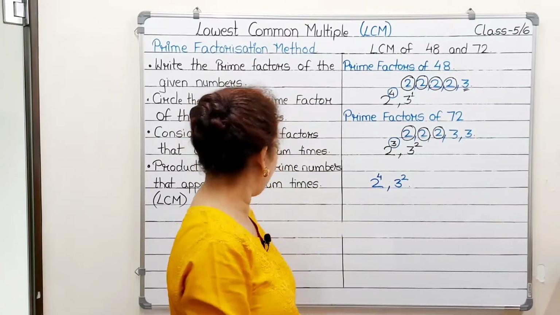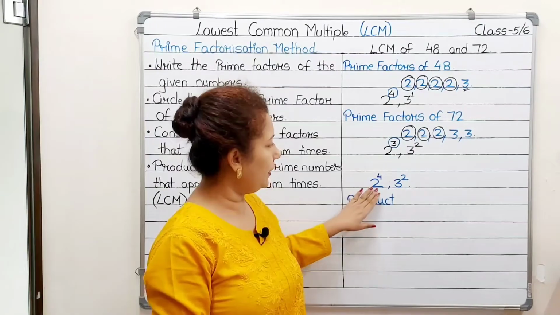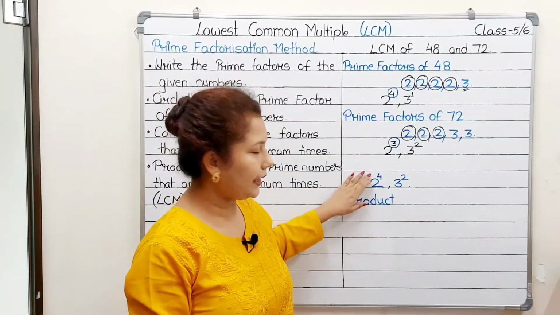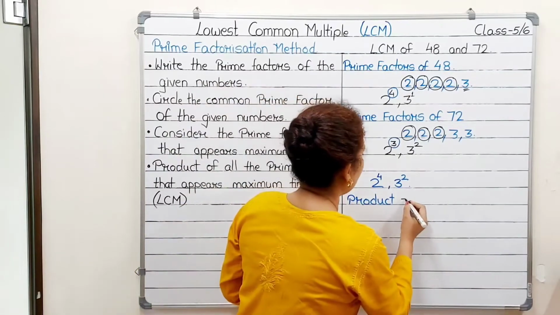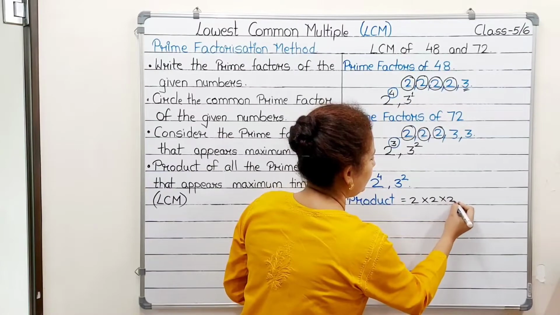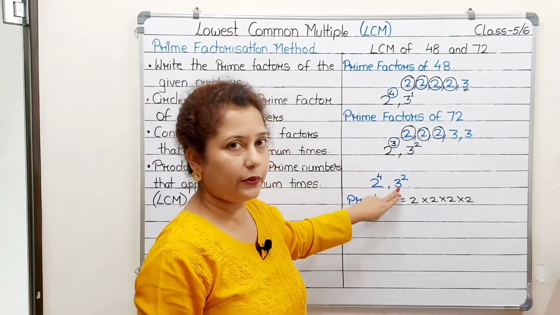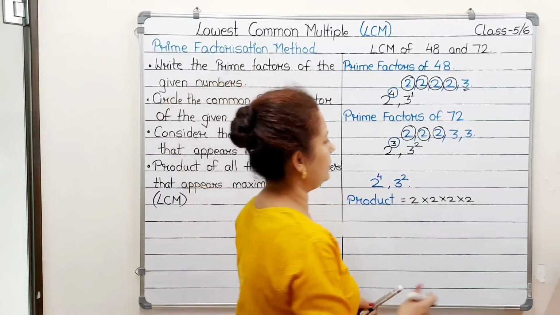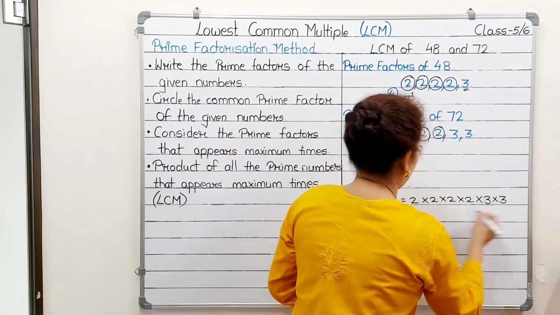Next step is we have to find the product of all the prime numbers. Here 2 is present 4 times. Raised to power 4 means 4 times, so we will write 2 four times: 1, 2, 3, 4. Next prime number is 3 and it is 2 times, so we will write 3 into 3.